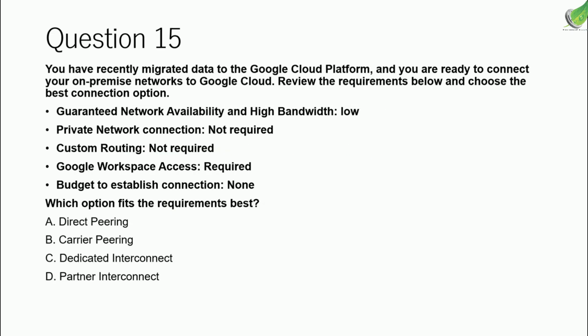Question 15. You have recently migrated data to the Google Cloud Platform, and you are ready to connect your on-premise networks to Google Cloud. Review the requirements below and choose the best connection option. The requirements are: guaranteed network availability and high bandwidth is low; a private network connection is not required; custom routing is not required; Google Workspace access is required; and the budget to establish the connection is none.